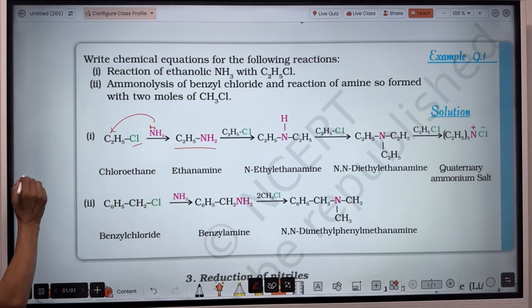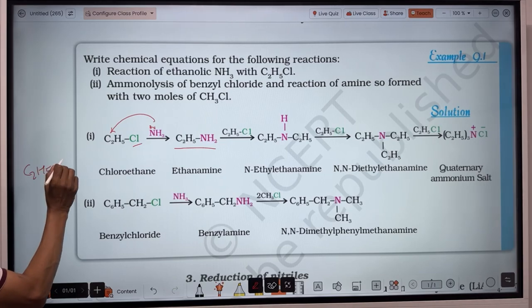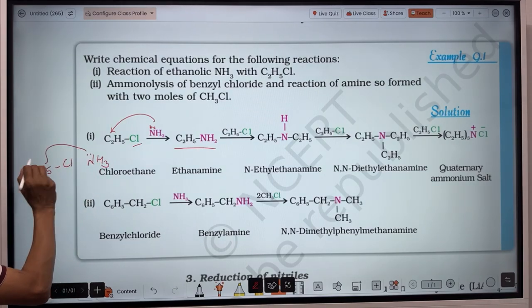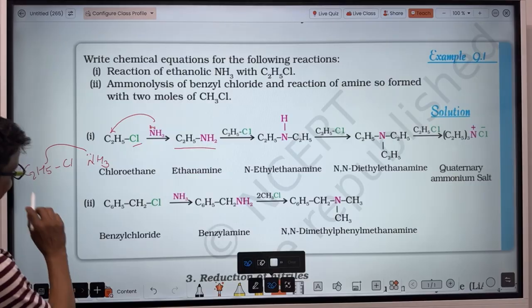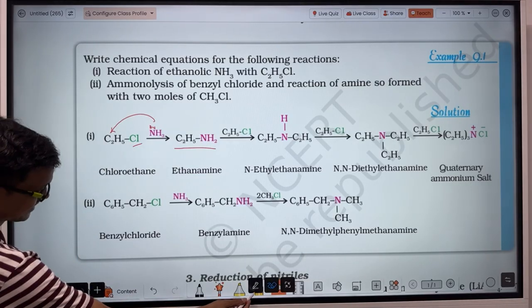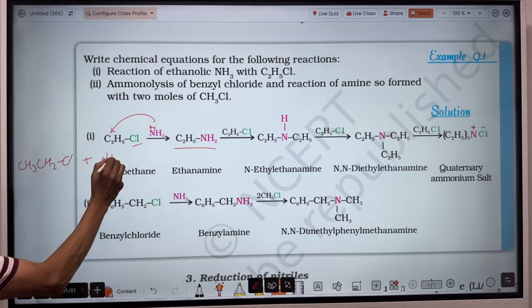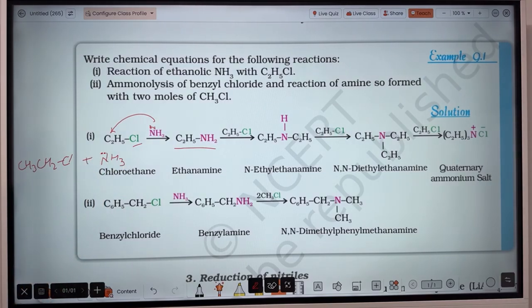Okay, also I am splitting this one. So C2H5 Cl and here NH3 plus. So this lone pair of electron gets attacked. Oh, I have to again expand this one. Cl and here NH3 plus. So there is lone pair of electron at the nitrogen, and here is slightly positive charge on this carbon, slightly negative charge on this halogen.